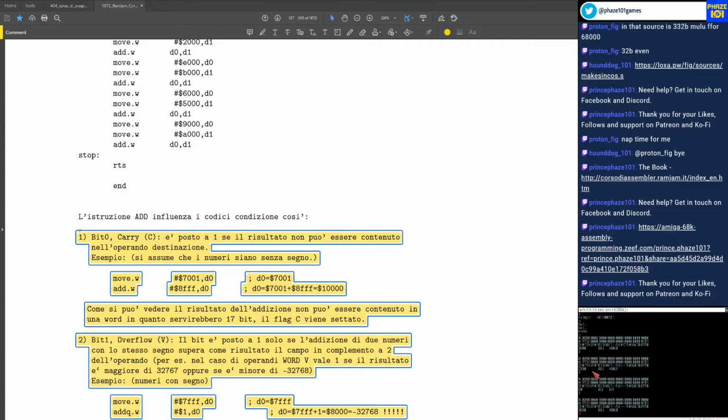Now we are going to deal with signed numbers, I believe, if I remember correctly. So, each 0 is signed, okay? It's a minus. So you see the negative flag set. We have also move.word B000, so that's also a negative number. So when we do the add, we get a number that cannot fit.